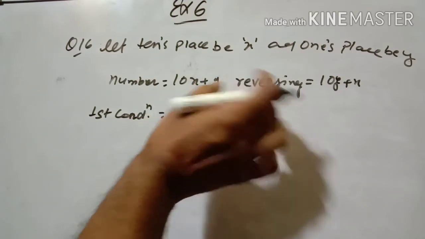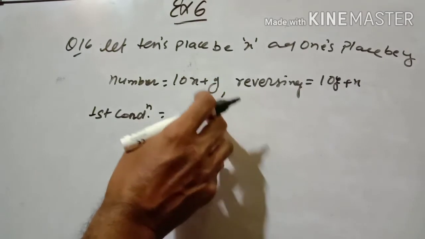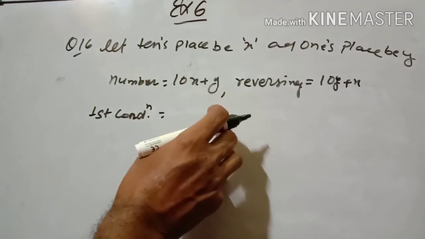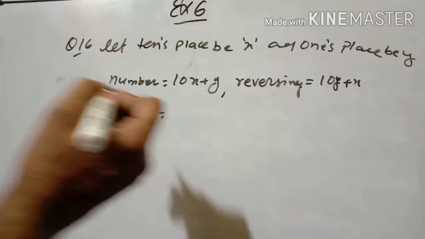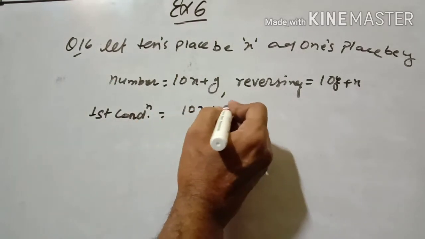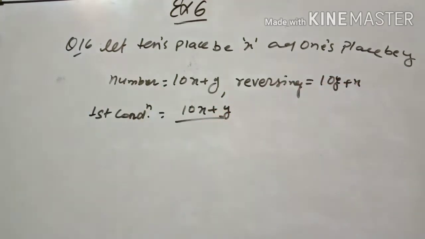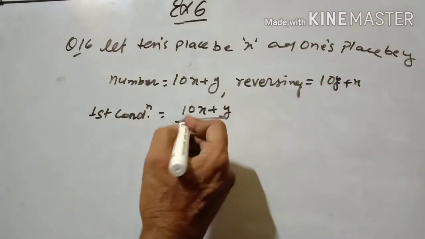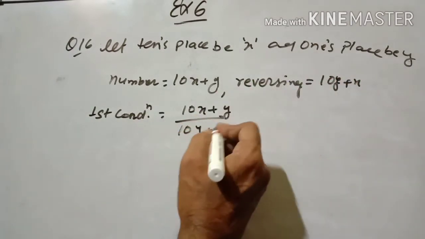whatever the number will come, divided by its reverse, will be equal to 1 whole 3 by 4. It is given that the result of dividing a 2 digit number by the number with the digits reversed is 1 whole 3 by 4. After reversing, our number has come 10y plus x.